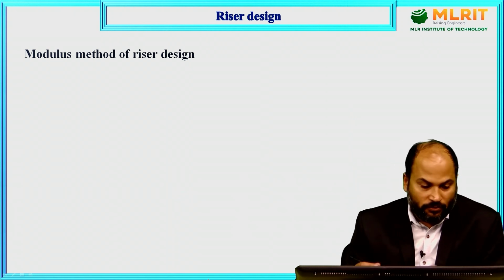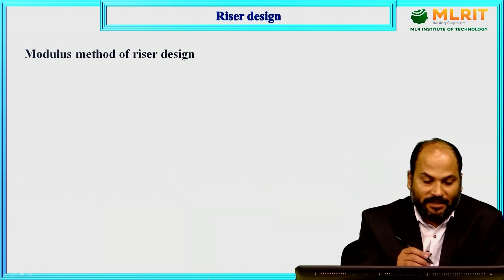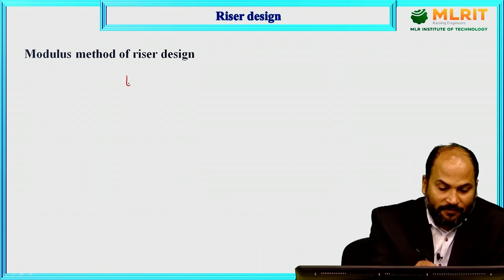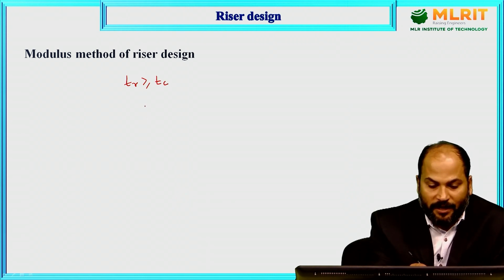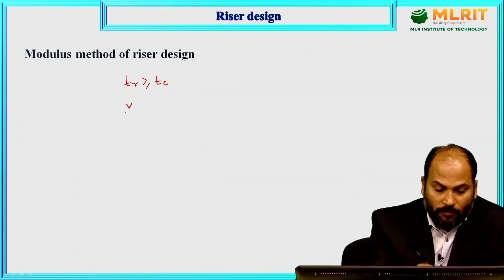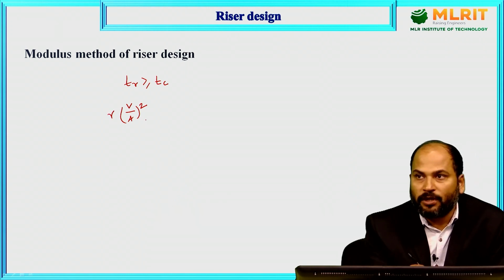So, what is the modulus method of riser design? We already know the basic principle of riser design is the solidification time for the riser, if I write this as TR, should be greater than or equal to the solidification time for the casting. We know the formula for solidification time: it is volume upon surface area, squared, times a constant which is totally dependent upon the material that we are going to cast.